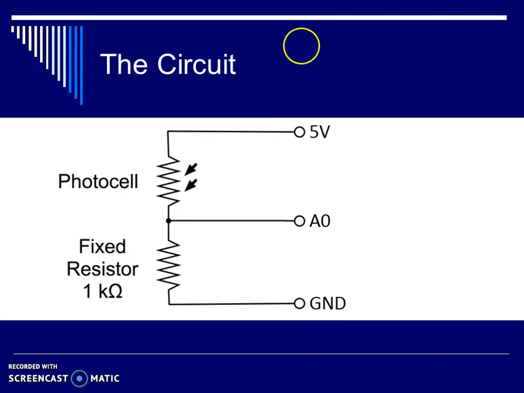So this is the kind of circuit we would set up. We'd have a ground, run a fixed resistor, then connect to the A0, then have our photocell and connect up to the 5 volts. And then from there we can just simply do the math to calculate the resistance of the photocell.